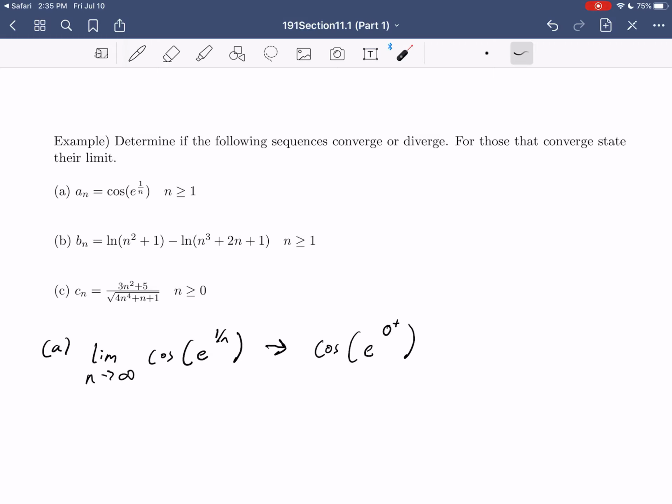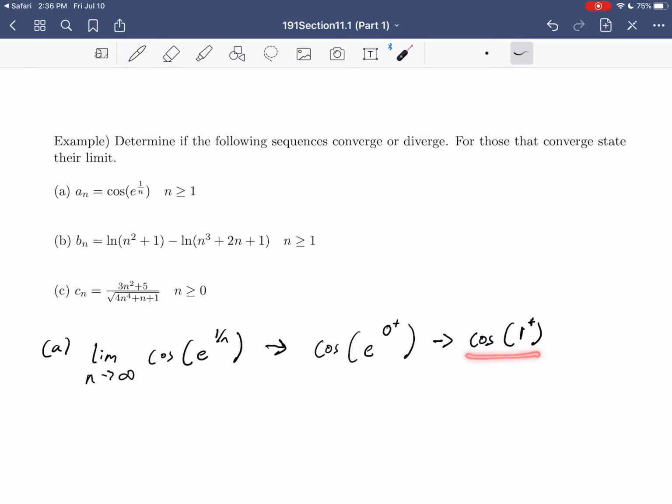Okay, so what happens to this e as you plug in exponents that are really close to 0 from the positive side? Well, e to the 0 gets closer and closer to 1. So this is going to approach cosine of 1. And again, that would approach it from the plus side, meaning things slightly above 1.